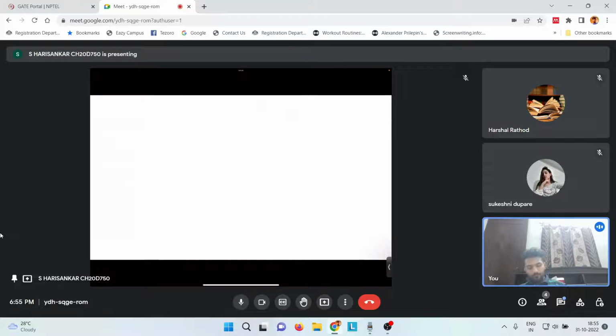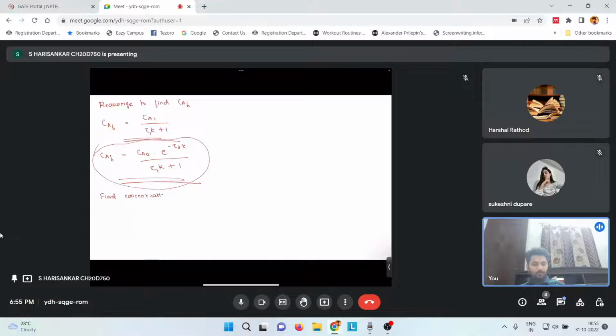So CAF is equal to CA0 into e raised to minus tau 2k, divided by tau 1k plus 1. So this is the final concentration of A after the combination in case 2.